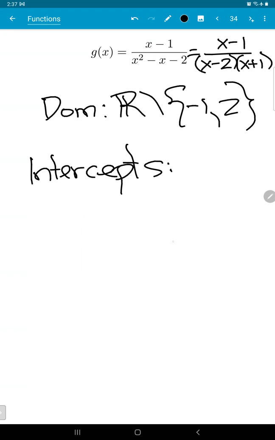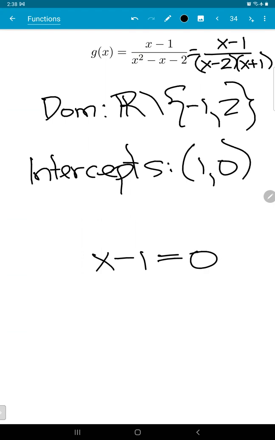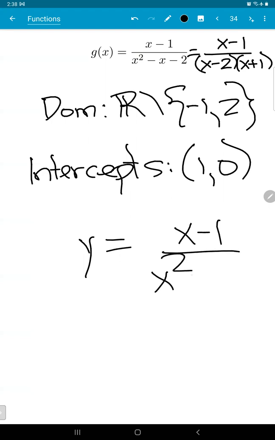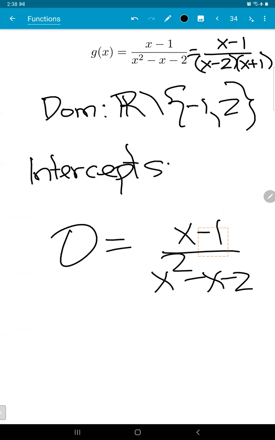So intercepts. Equate the numerator to 0 to get the x-intercepts, or just one in this case. And equate y to 0. So you have to make this 0.